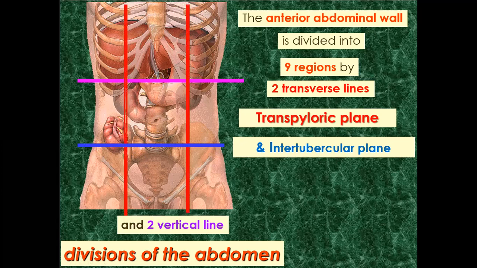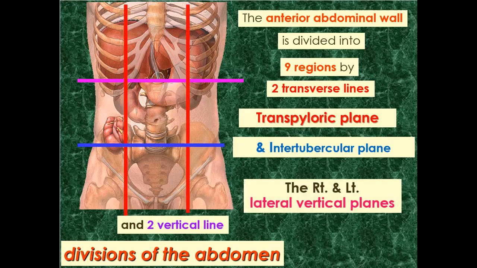Now there are 2 vertical lines. These are called the right and left lateral vertical planes. Sometimes they are also called the mid-inguinal planes, or the mid-clavicular line, because it passes from the clavicle up to the mid-inguinal point.